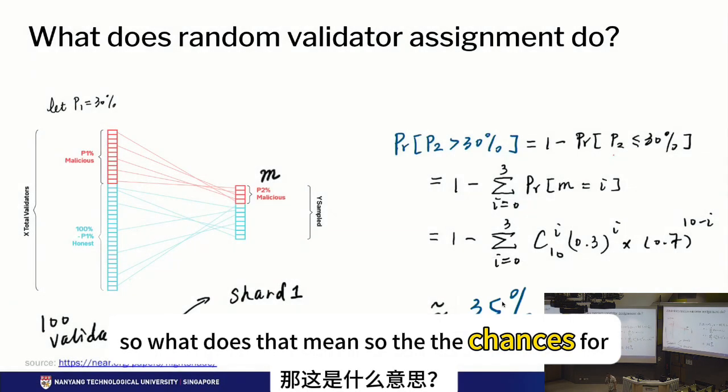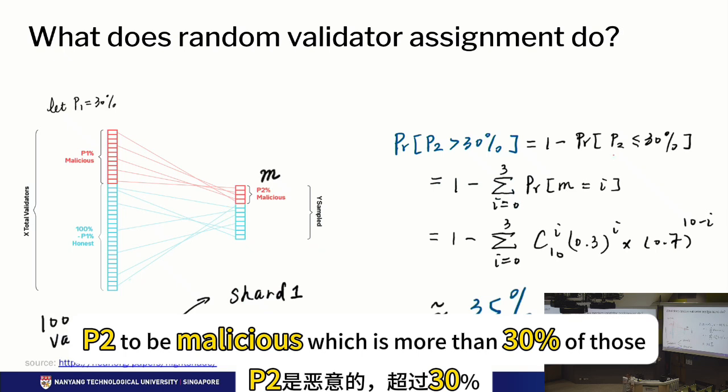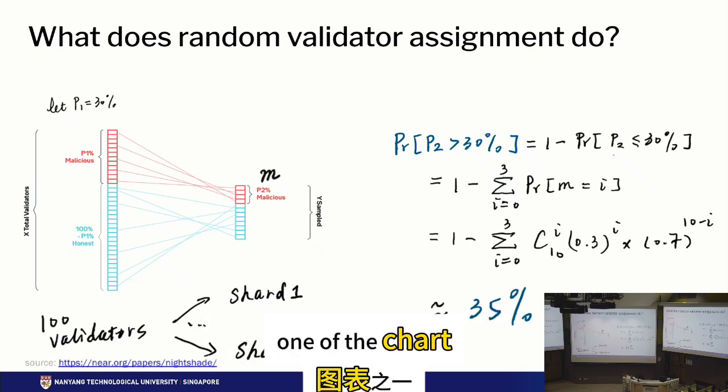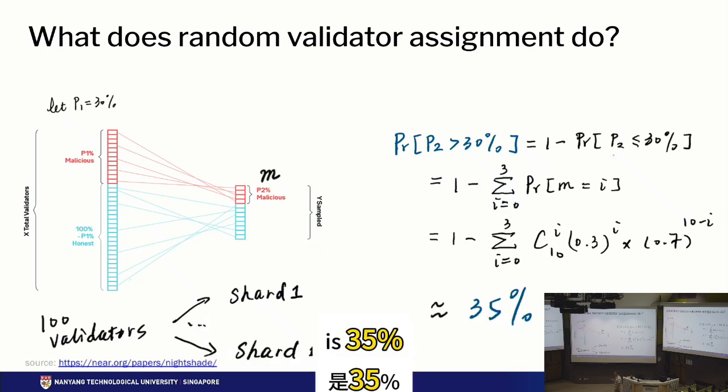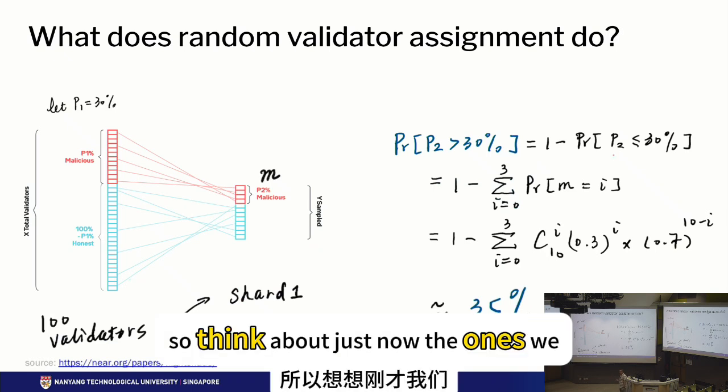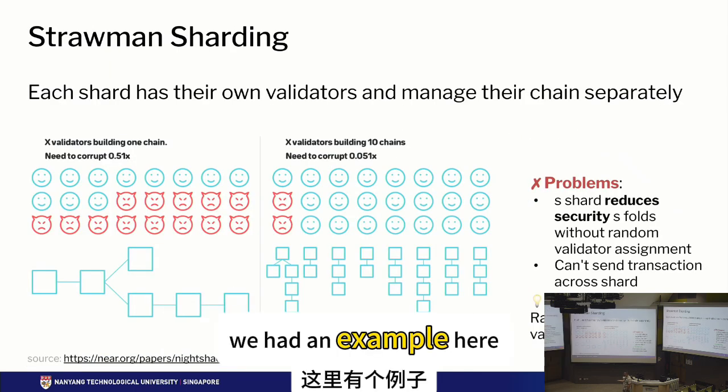So what does that mean? The chance for P2 to be more than 30% malicious validators on one of the shards is 35%. Think about the example we had just now.